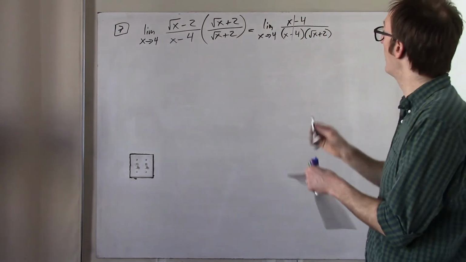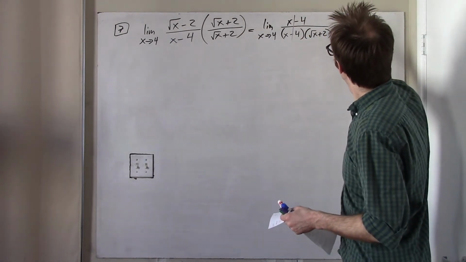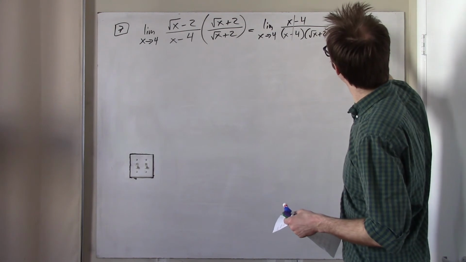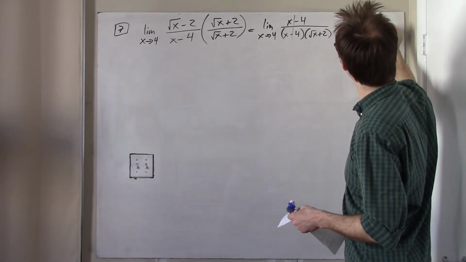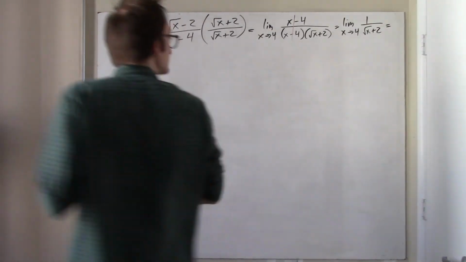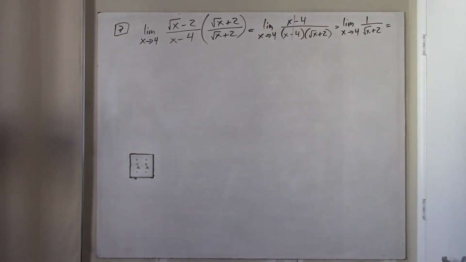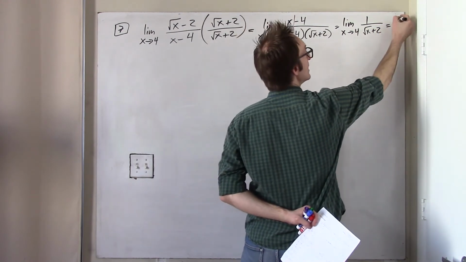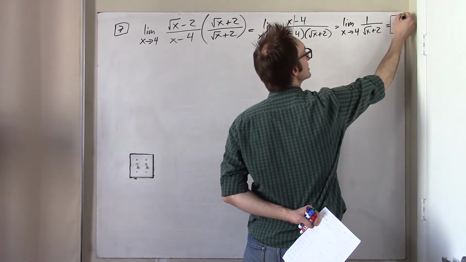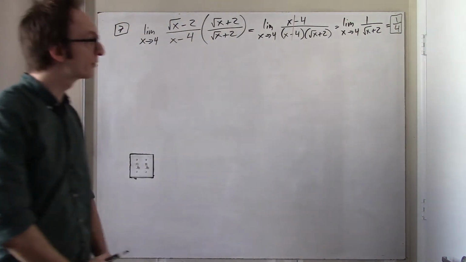And so this becomes the limit as x goes to 4 of 1 over (root x plus 2). I've now done my work, and now it's no longer indeterminate. If I plug in 4, the square root of 4 is 2, so this is 1 over 2 plus 2. So the answer to this problem, which I did not see coming, is 1/4.